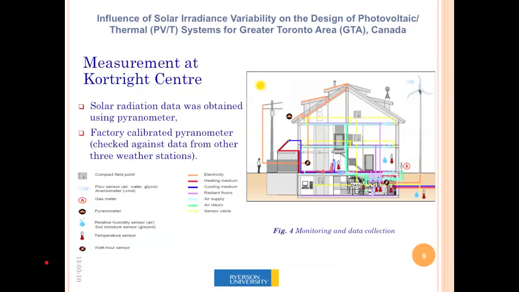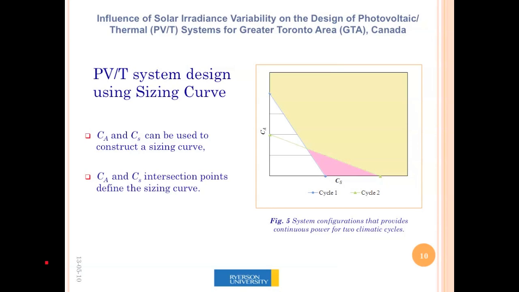This is a picture which shows a research facility. We have a TRCA, and we collect data here every 15 minutes. The idea of having CA and CS is that if you are in this region, then you will have a reliable system.